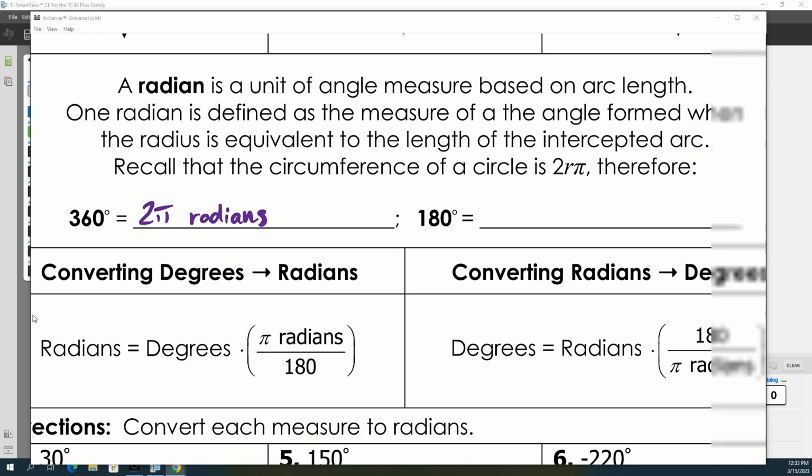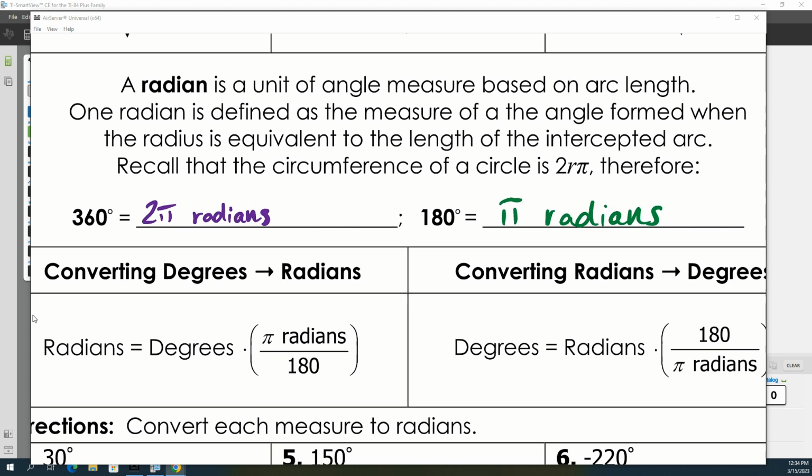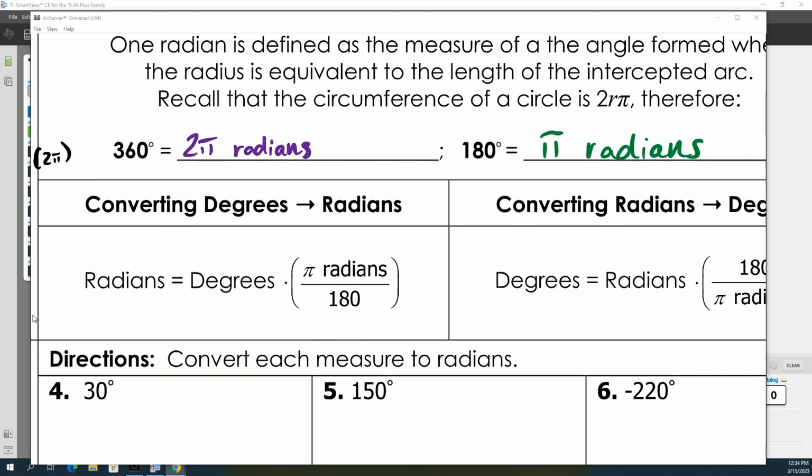And I also know that half of a revolution, 180 degrees, is pi radians. So, because 180 degrees is equal to pi radians, we're going to use that fact to convert from degrees to radians and radians to degrees.